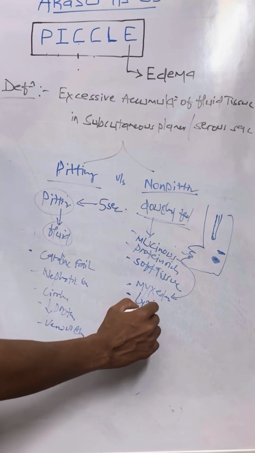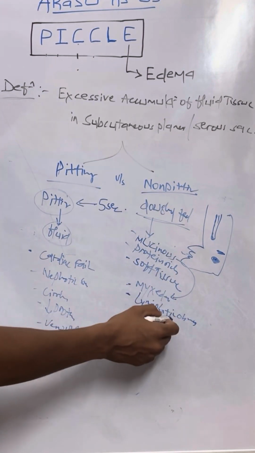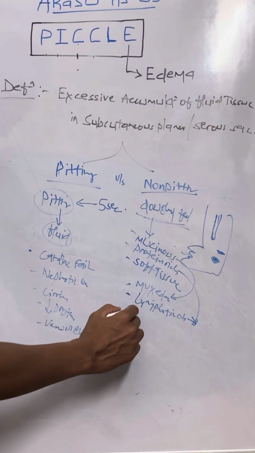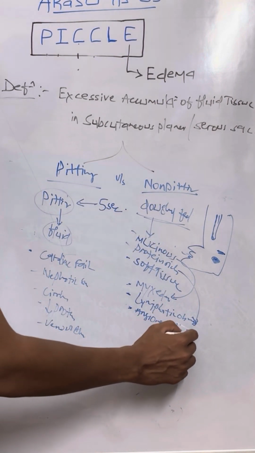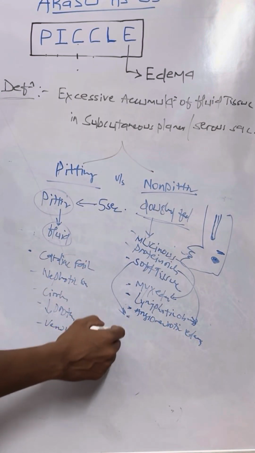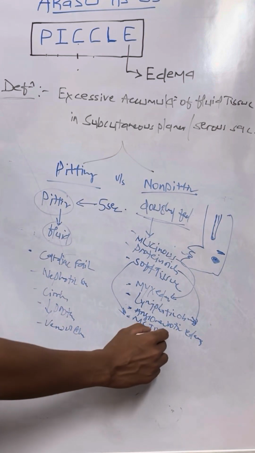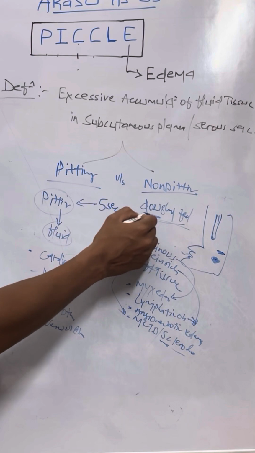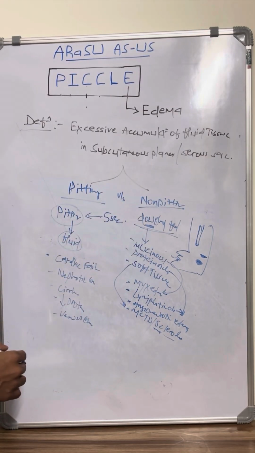Then lymphatic obstruction such as filariasis, which will lead to protein rich substance accumulation, and we can consider even angioneurotic edema of anaphylaxis. Then, as we said, soft tissue, we can consider some connective tissue diseases like MCTD, mixed connective tissue disease, or even scleroderma, in which there will be a doughy feel of the skin. So these are some causes of pitting and non-pitting edema.